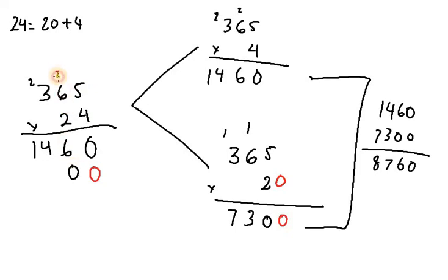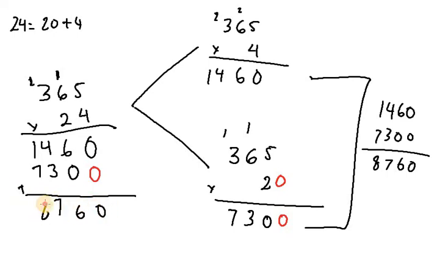We have 1 carry over. 2 times 6 is 12 plus the 1 is 13, and then you have 1 carry over here. 2 times 3 is 6 plus the 1 is 7. And then you add up and see the result.